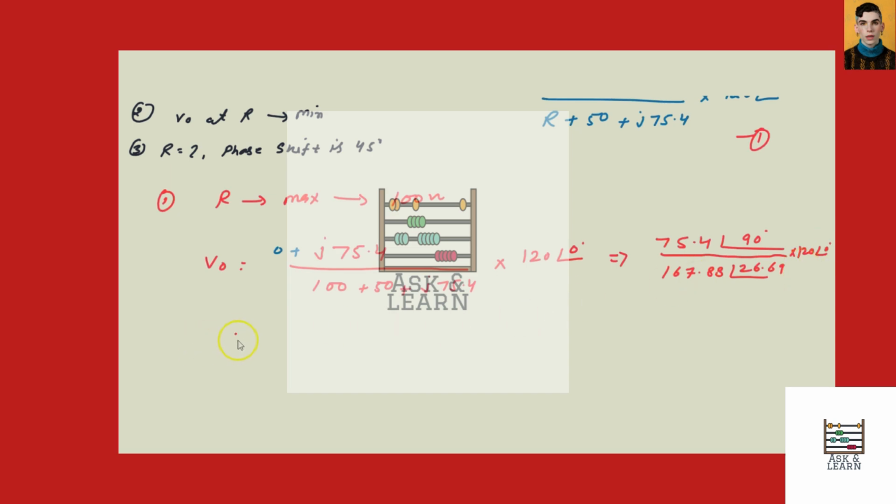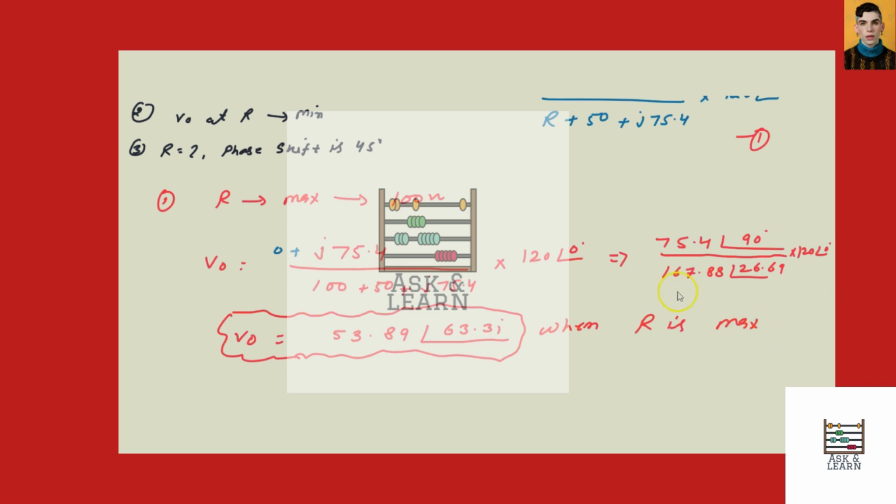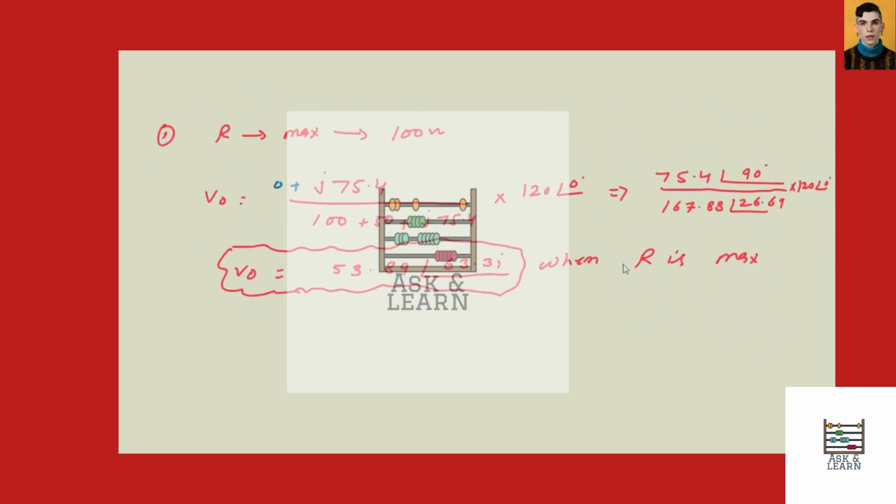So V0 equals 53.89 angle of 63.31 degree. This is the output voltage when R is maximum.